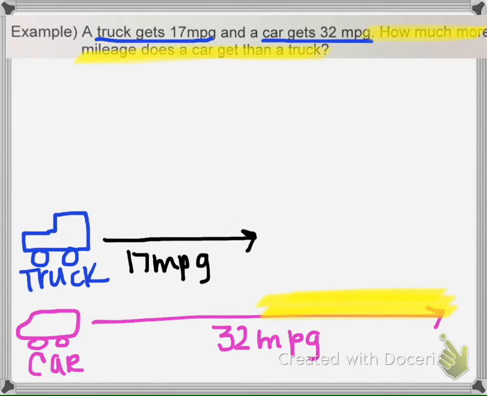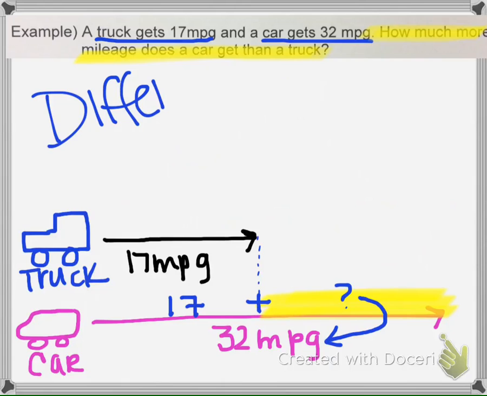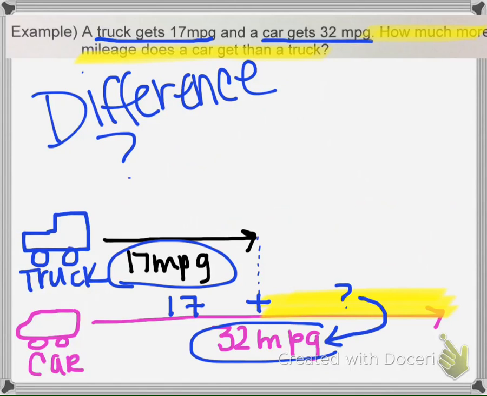So we know that a truck can go 17 miles, but we want to know how much more does the car get? So how much more than 17 does the car get? In other words, we want to find the difference between the miles per gallon. That's what we're trying to find, the difference between 17 and 32.